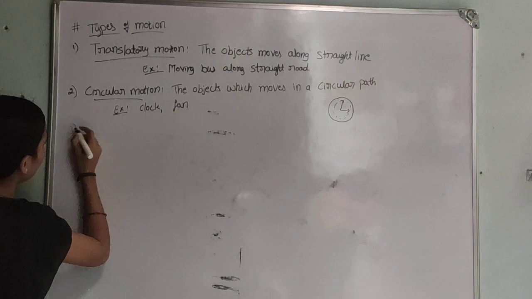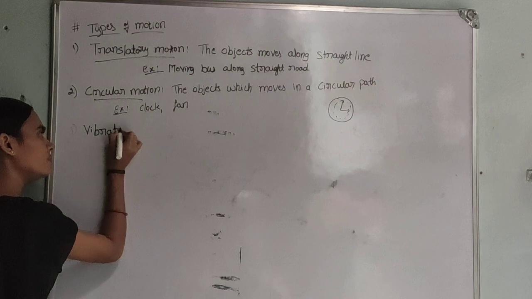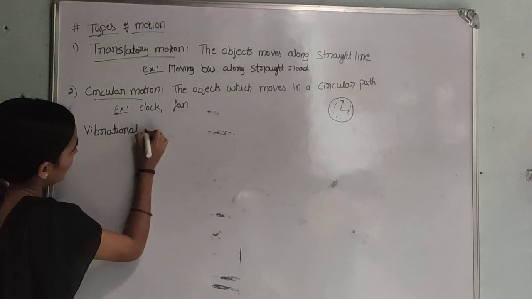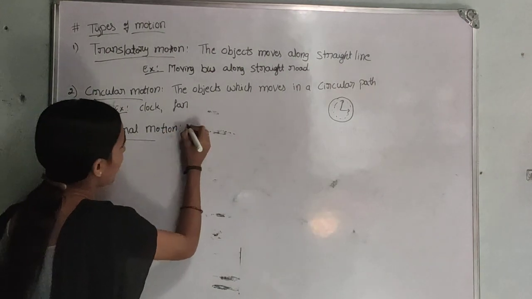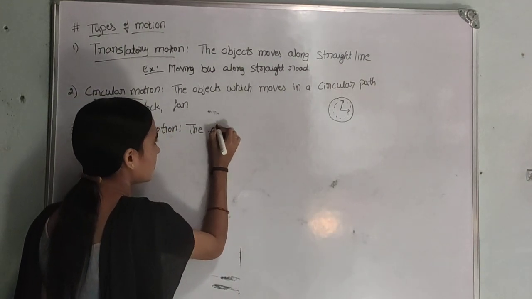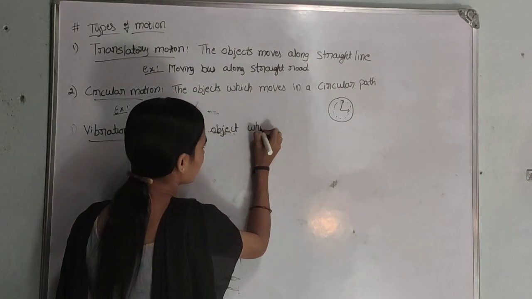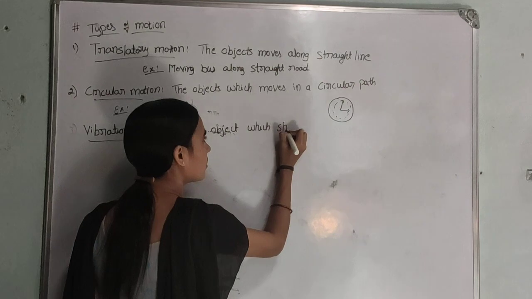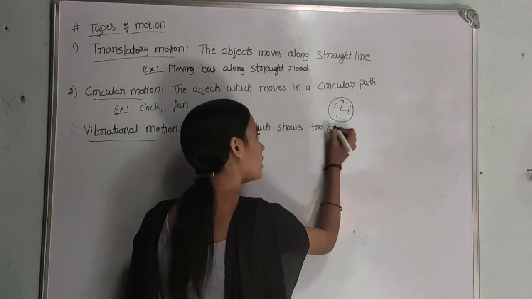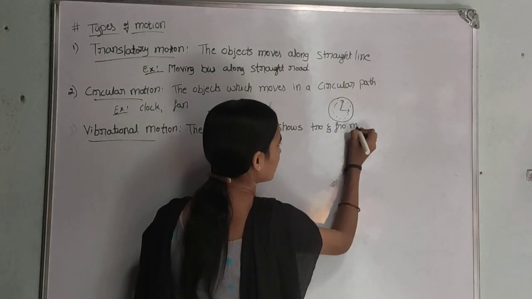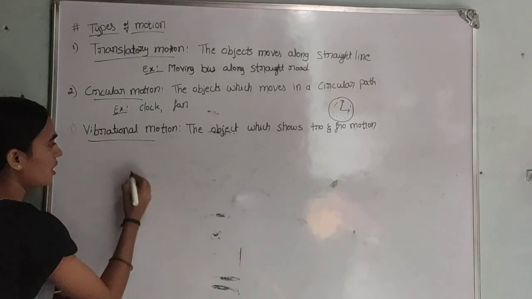The third one is vibrational motion. An object which shows to and fro motion is called vibrational motion.